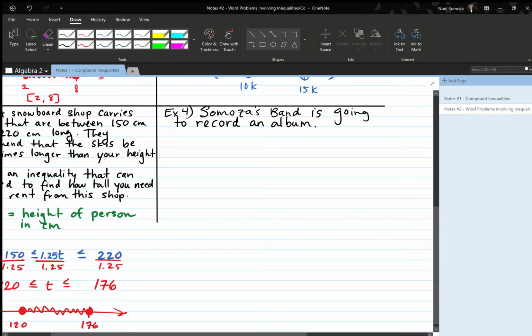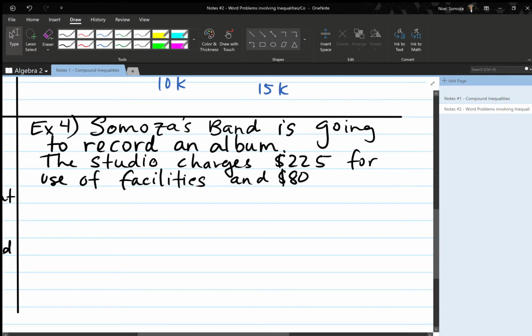The recording studio charges $225 a day for use of facilities, and $80 per hour for the sound engineer.